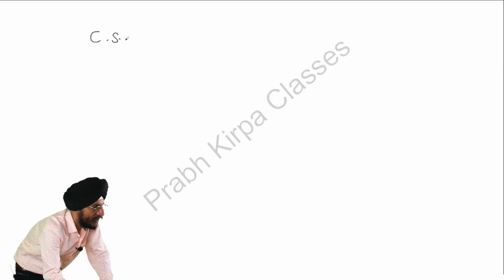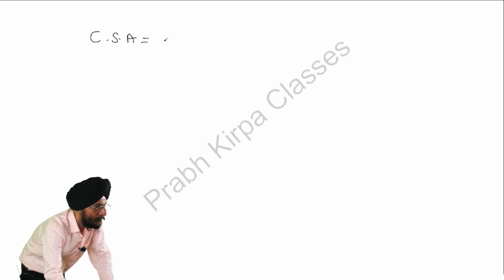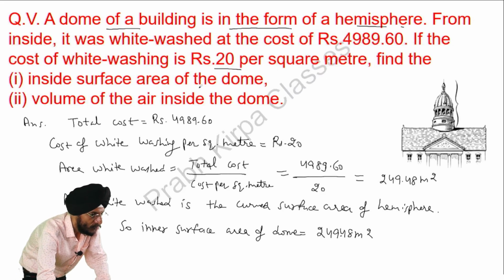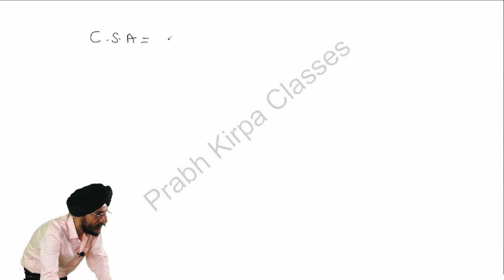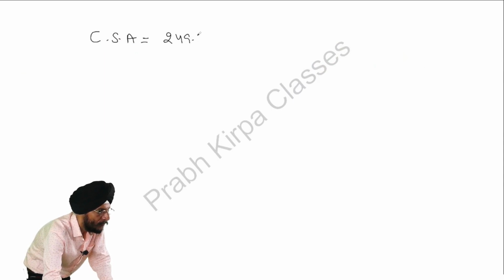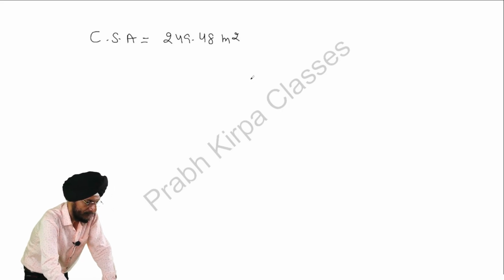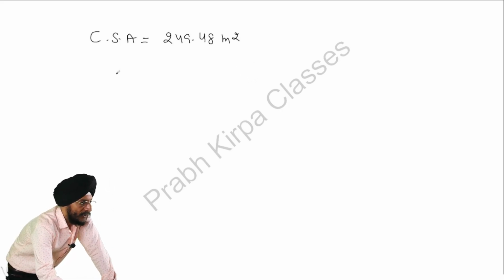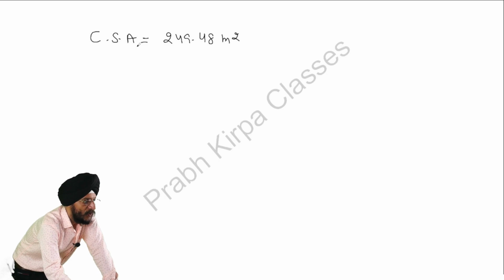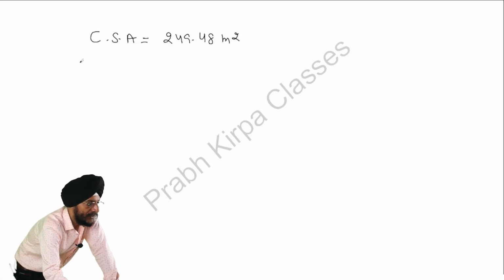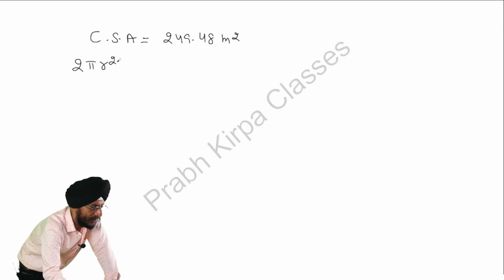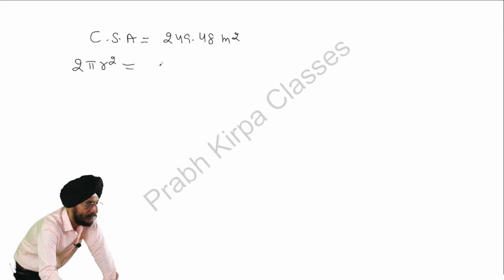So curved surface area is equal to 249.48 square meter. We also know that the curved surface area of a hemisphere can be calculated by using the formula 2 pi r square.